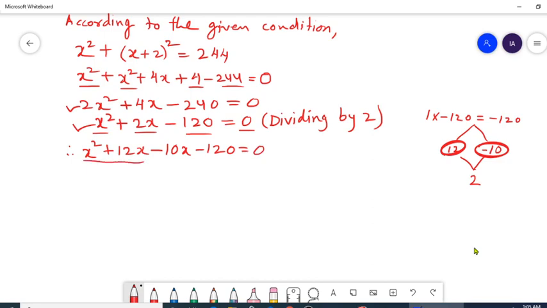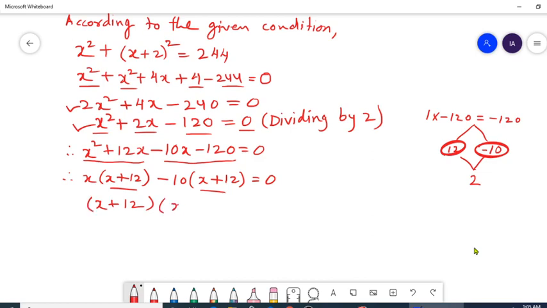The first two terms can be paired together and the last two terms can be paired together. In the first pair, I can take out x as a common factor, so I'm left with x plus 12. In the other pair, we can take out minus 10 as a common factor, so you are left with x plus 12. So x plus 12 can be considered as one factor, and the other factor will be x minus 10, equals 0.